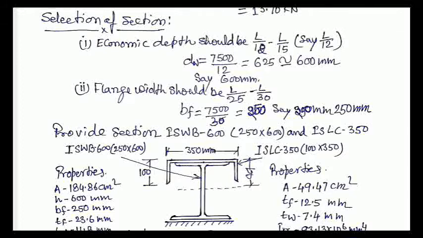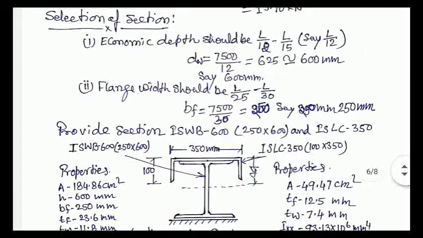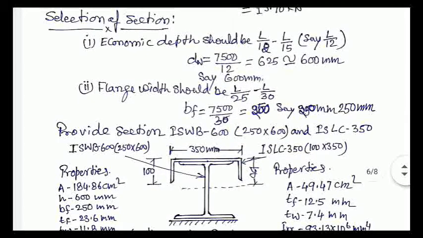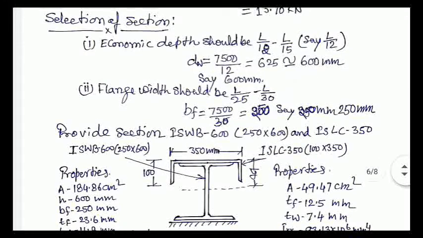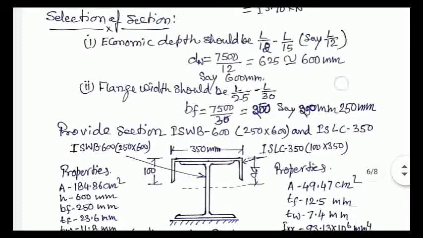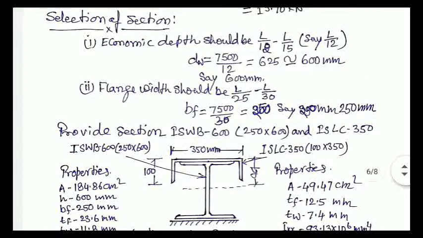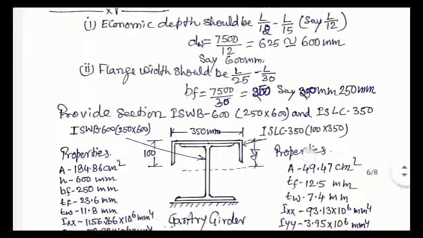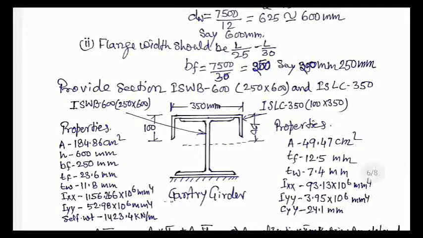Say you assume it L by 12, then the depth of the web of the section will come out to be 7,500 divided by 12, which is 625. So assume it as a lump sum 600 mm. So 600 mm will be the depth of the gantry girder.